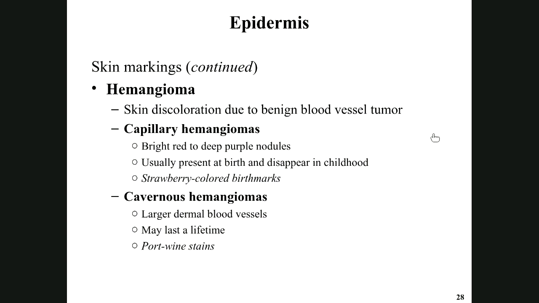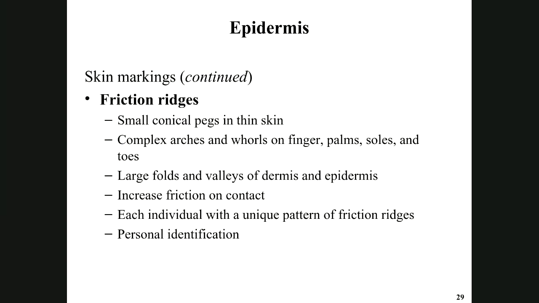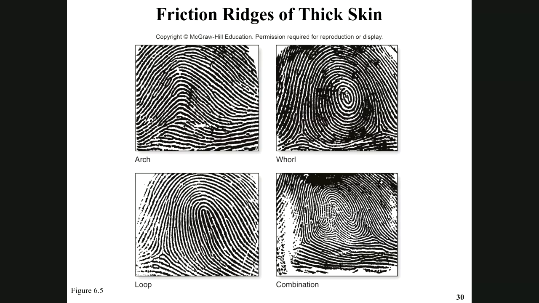And on the surface of the skin, we have some friction ridges. Look here. These are the friction ridges which you can see on the surface of the skin. They are, as you see here, small conical pegs in the skin. They become complex arches when we check the palm, fingers, sole, and toes. They are large folds and valleys of dermis and epidermis.